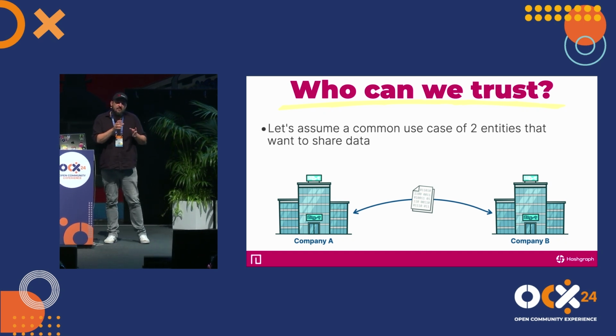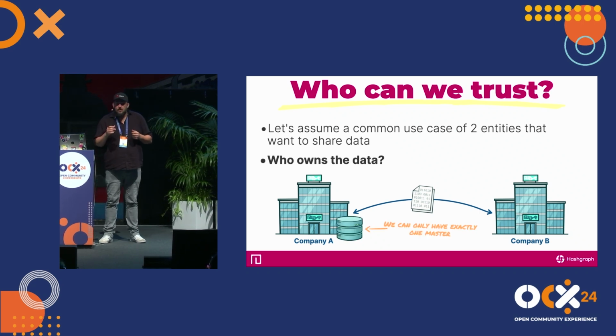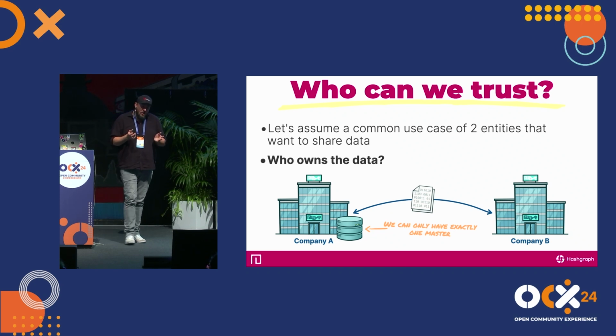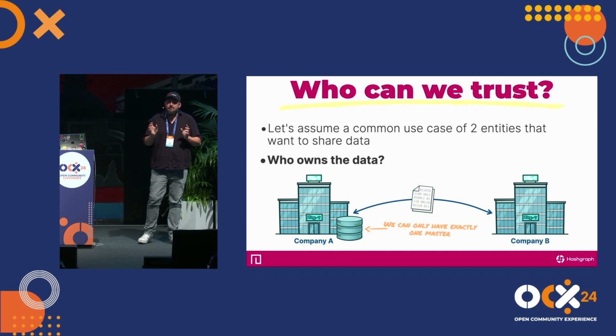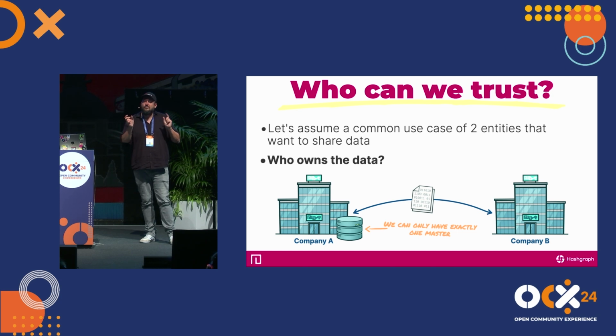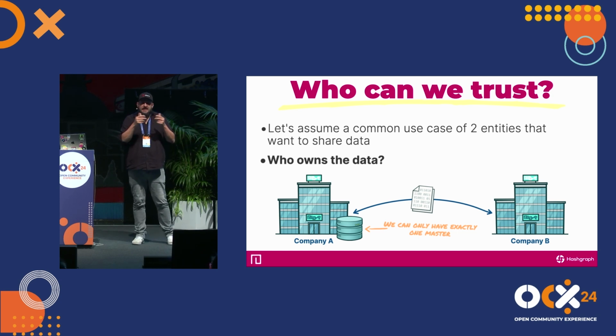And whenever you do something like that, you need to make one important definition, which is who owns the data. Because when you exchange data between companies and you do not define who's the owner of that data, how do you behave if both companies have different data sets? If you compare them, there's a difference in it.